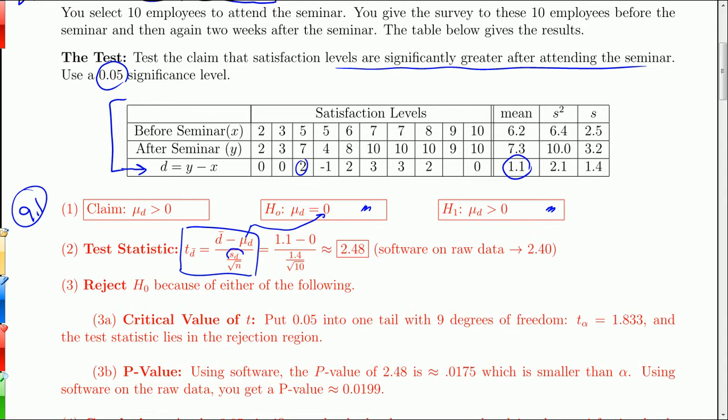The standard deviation of the sample differences, so that's this, 1.4. And then the number of data pairs. There are 10 pairs here. And so when you plug all this into your calculator, remembering to close this in parentheses, you get a test statistic of 2.48.